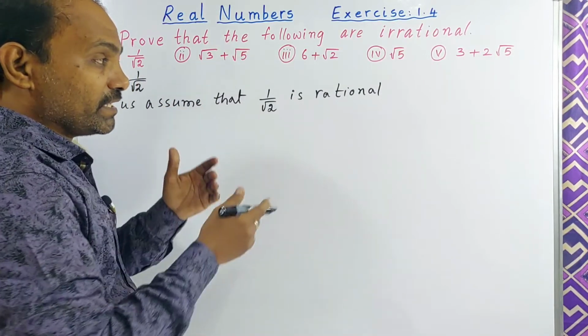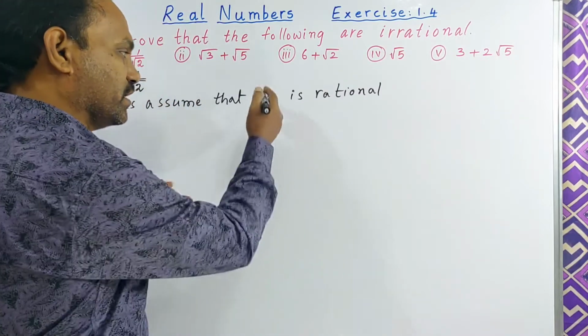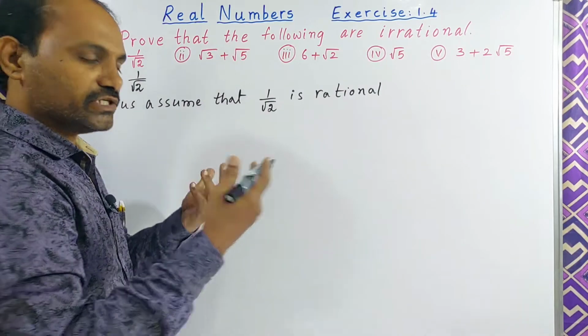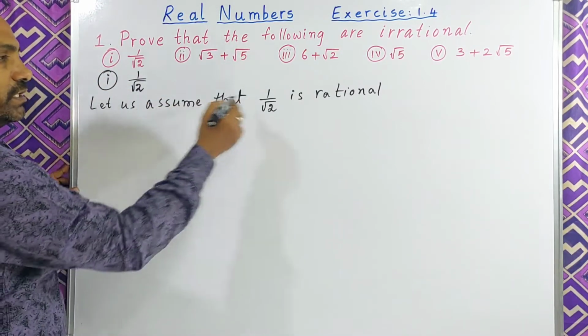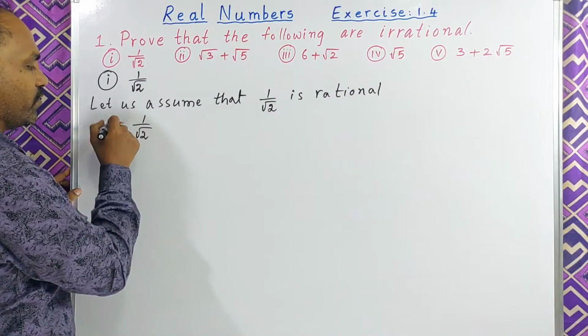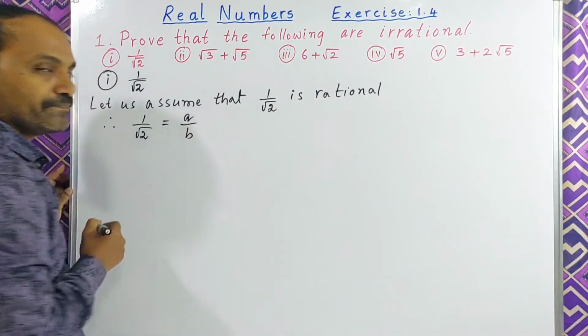We assume that, but rational numbers are in the form of p by q. That's why 1 by root 2 is equal to p by q, or a by b, or r by s, it's your choice. Therefore 1 by root 2 is equal to, I will take, a by b.